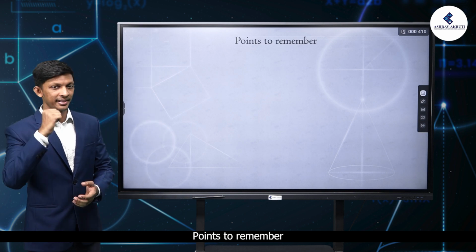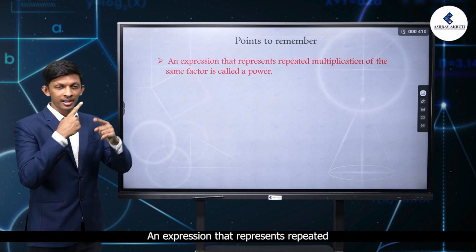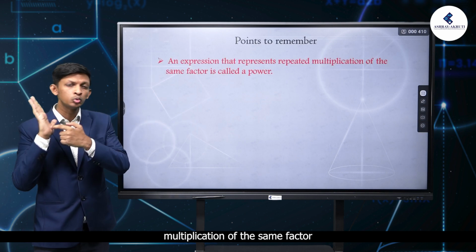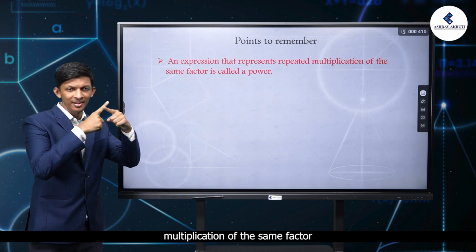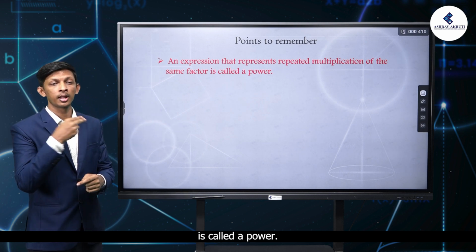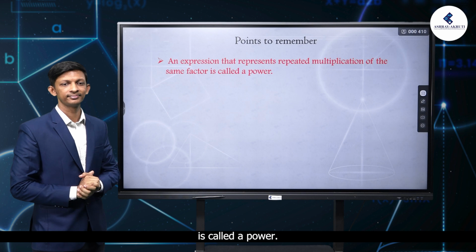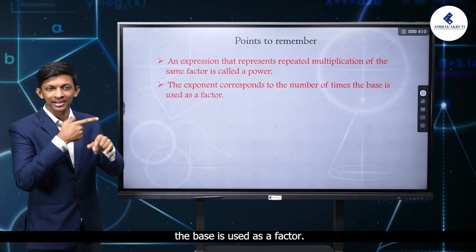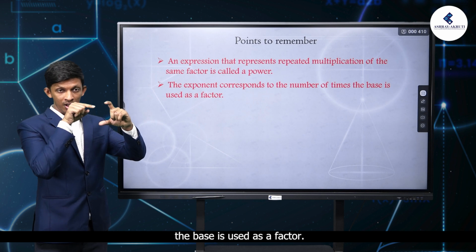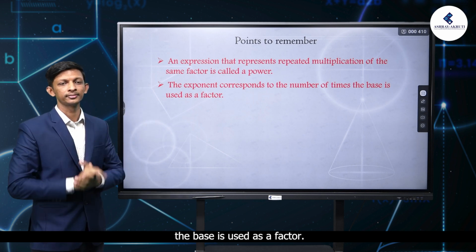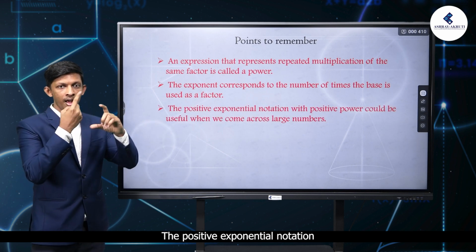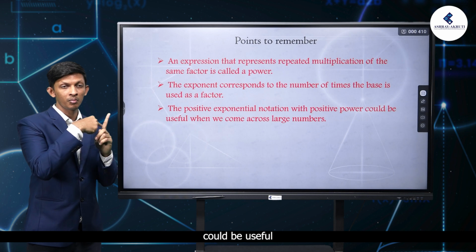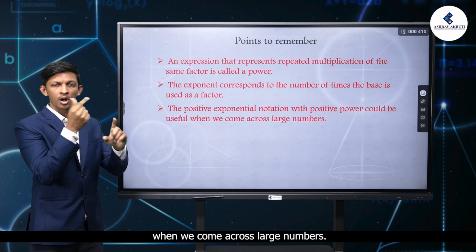Points to remember. An expression that represents repeated multiplication of the same factor is called a power. The exponent corresponds to the number of times the base is used as a factor. The exponential notation with positive power could be useful when we come across large numbers.